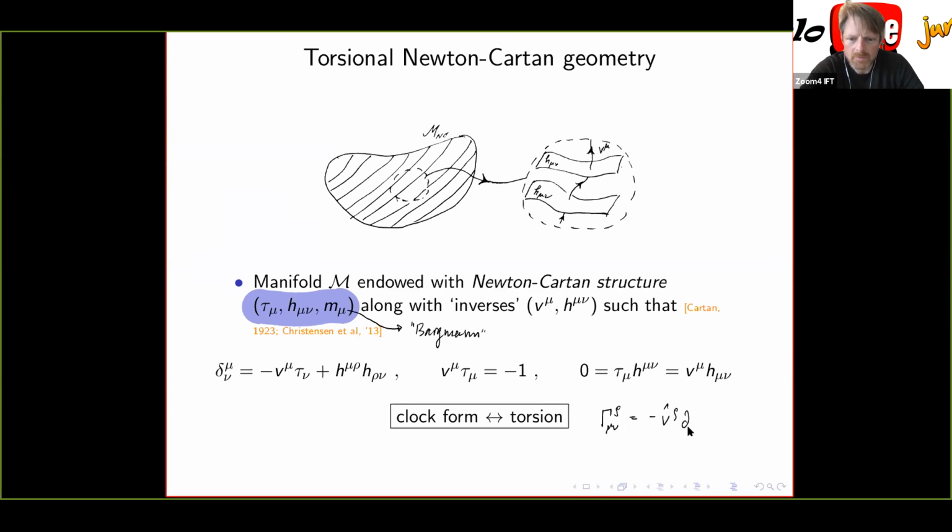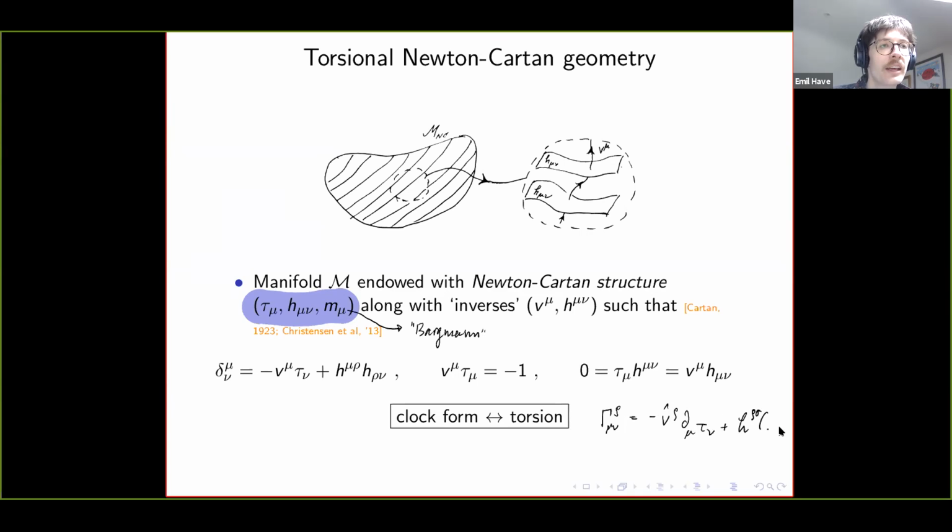You can write it like this, plus something that involves the H's. So here you get something that looks a little bit like the Levi-Civita connection in terms of H bar, but the important part is this first part here. There are many choices for the connections, but common to all of them is that they will have torsion.